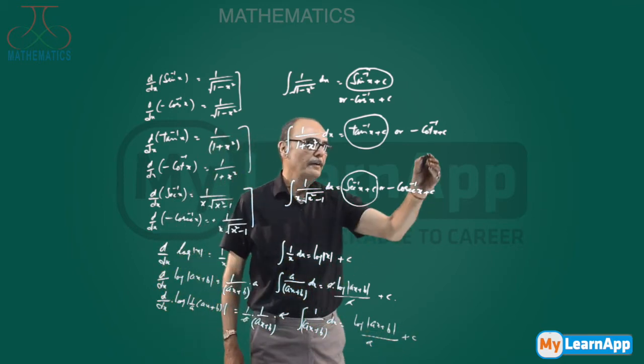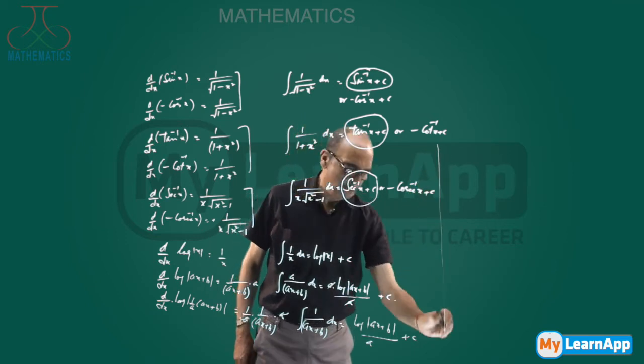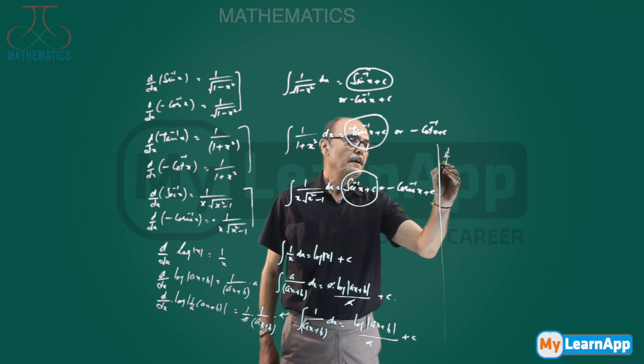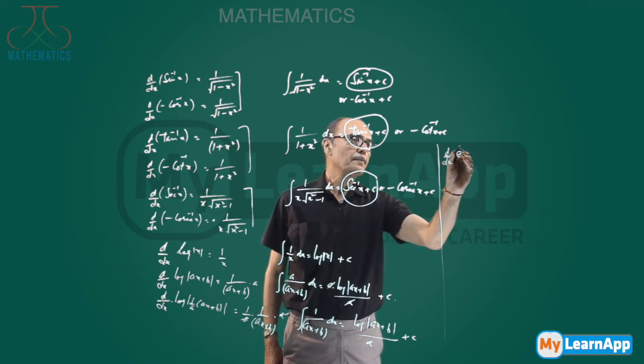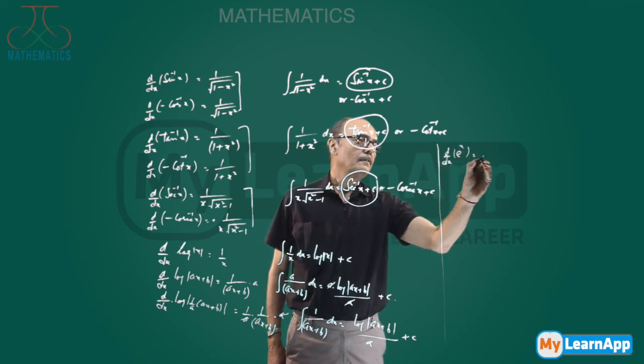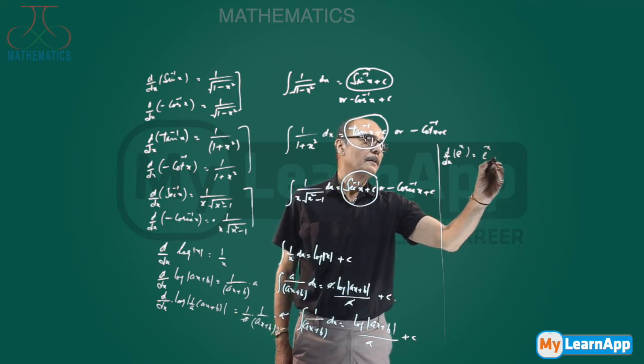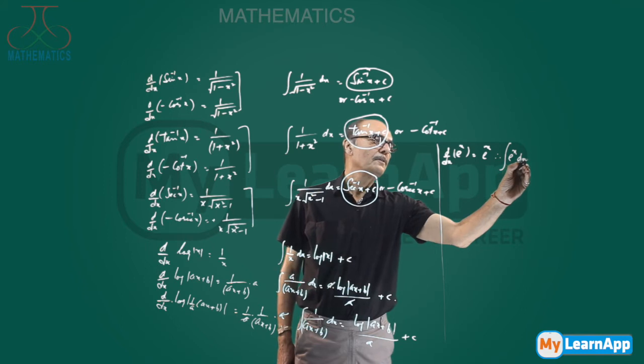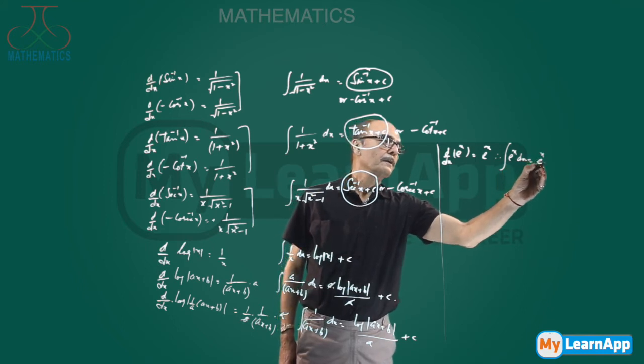Then we have more formulas in this. Okay, d upon dx of e raised to power x is e raised to power x. So, therefore, integral of e raised to power x d of x equal to e raised to power x plus c.